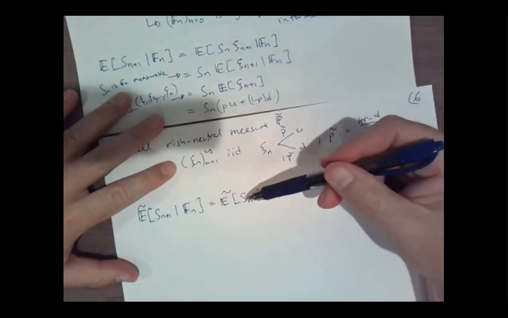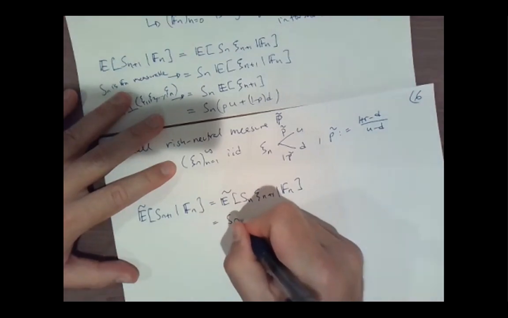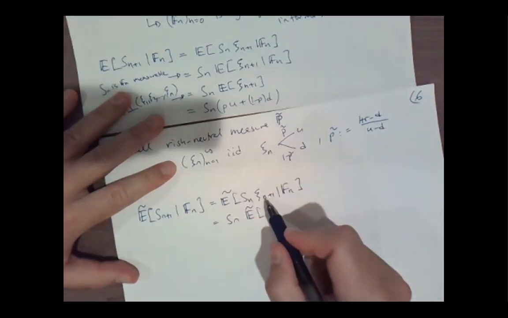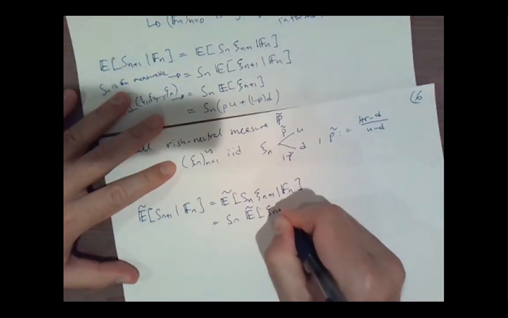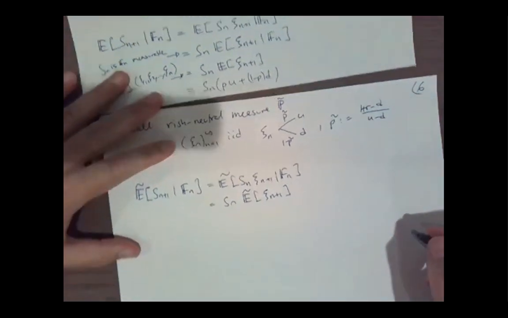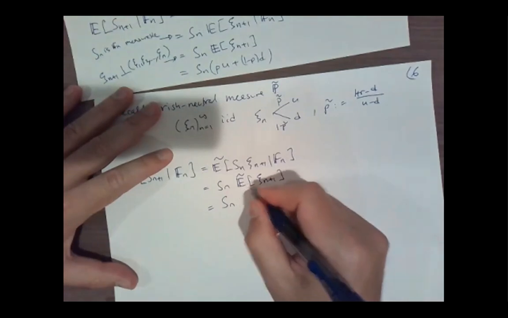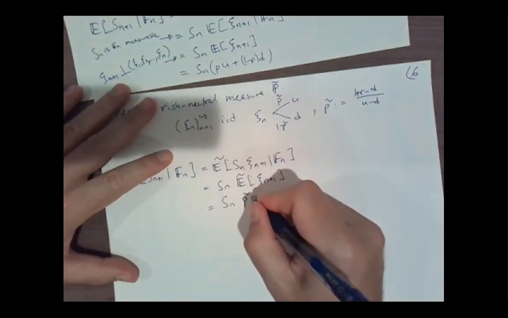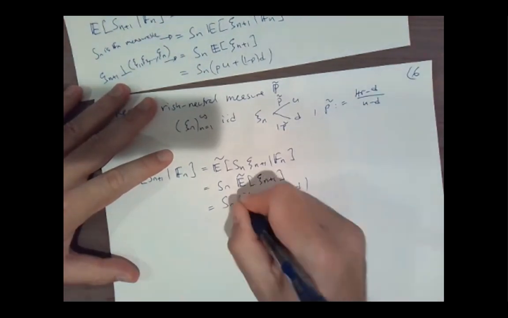So then we still have that Sn is measurable, so you can go outside. And we can just use independence of psi n plus 1 and Fn. So we just get psi n plus 1 here. And then we'll get, as before, but with the p tilde probabilities, this will be p tilde u plus 1 minus p tilde d.